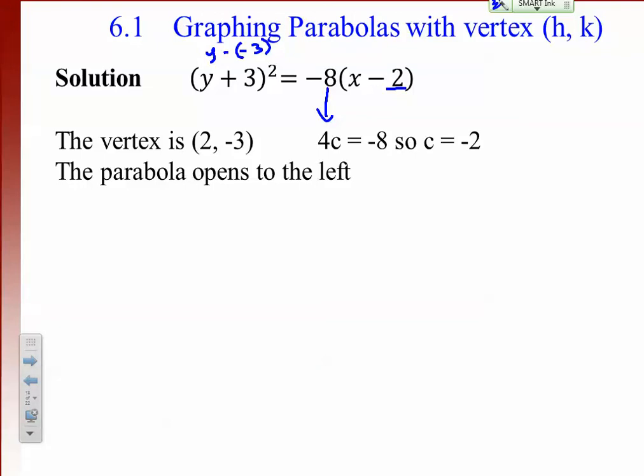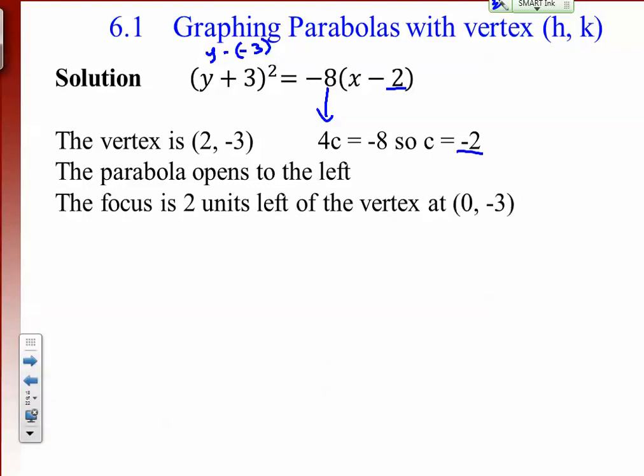Okay, so we've got the vertex, we've got the value of c, and we know it opens up to the left. And we can figure out the focus is 2 units to the left of the vertex, right? Because the focus is wherever the c is away from the vertex. So take this value as c, it opens up to the left, that's the vertex, and 2 units to the left is going to give me the focus inside like that.